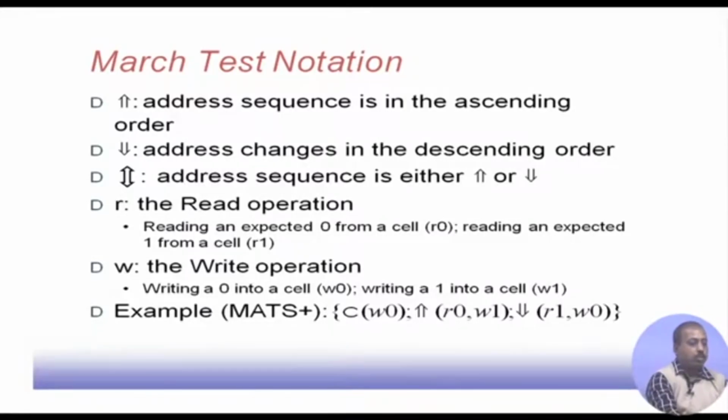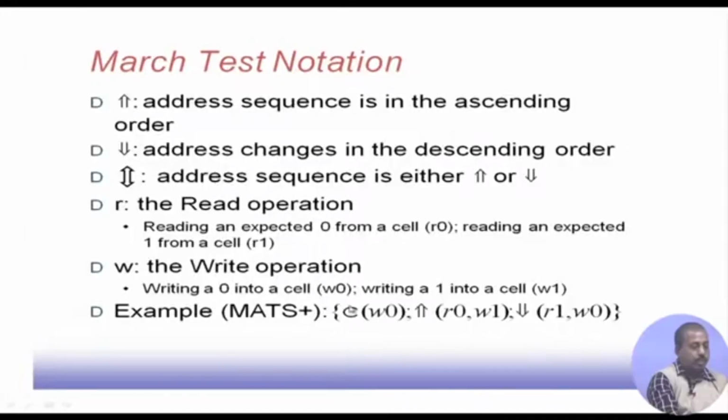R0 means I am expecting to read a 0 value. Similarly, R1 means we are expecting to read a 1 value from the cell. Similarly, for the write operation W, W0 means we want to write a 0 value into the cell, and W1 means we want to write a 1 value into the cell. An example of a march sequence may be like this.